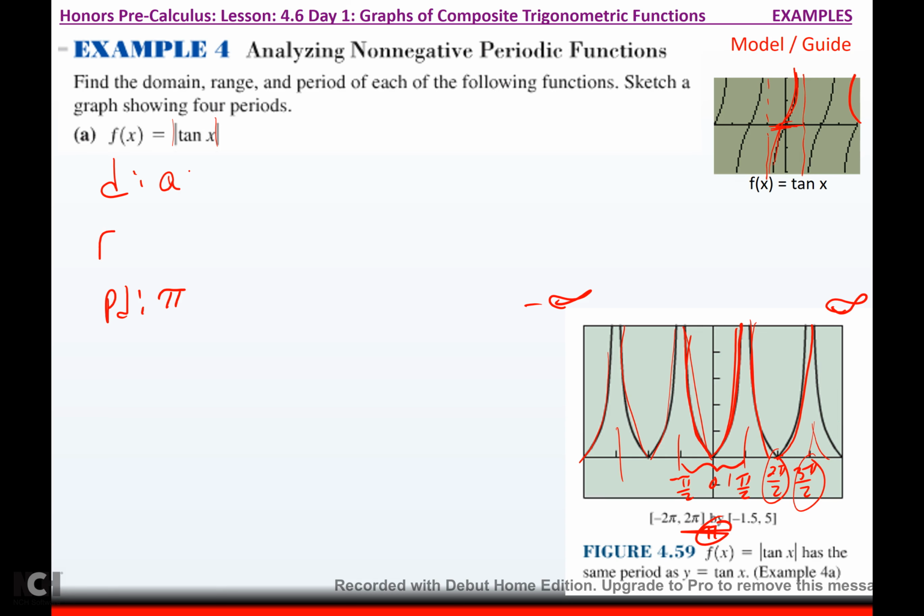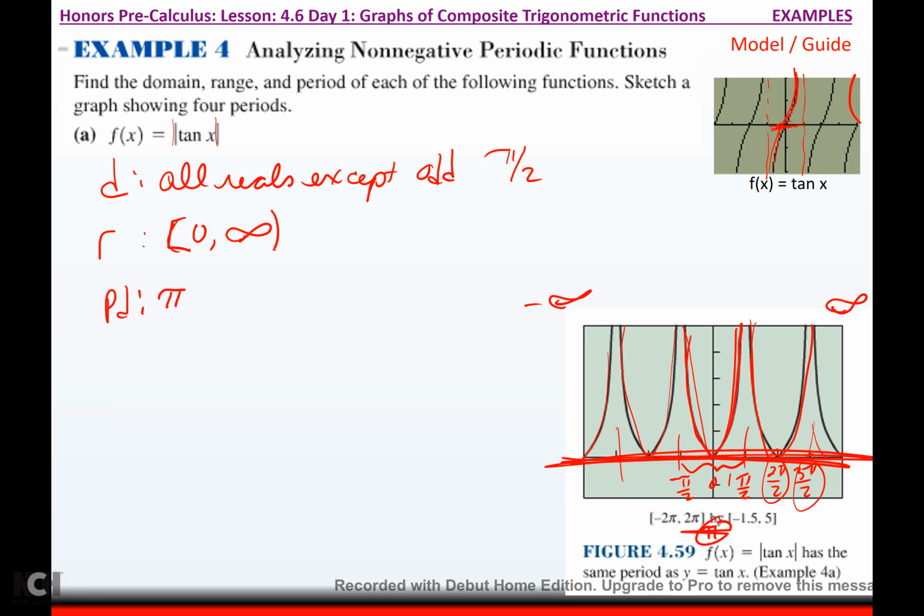So your domain is all reals except odd pi over 2's. Your range, there's nothing below here because of the absolute value, so your range goes from 0 to infinity.